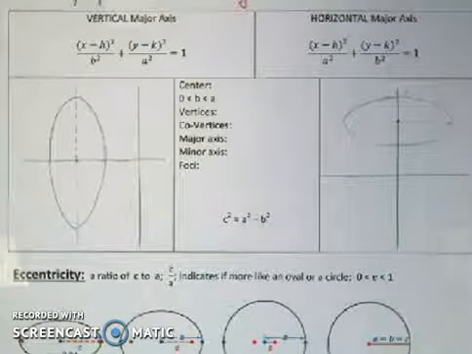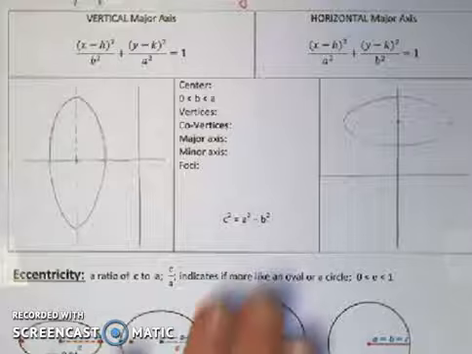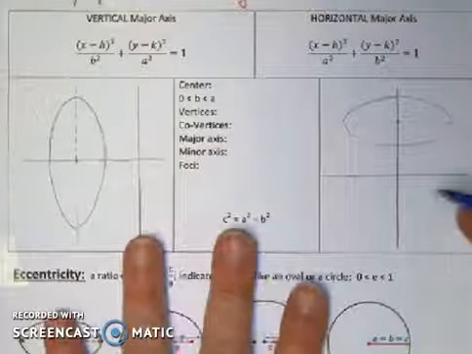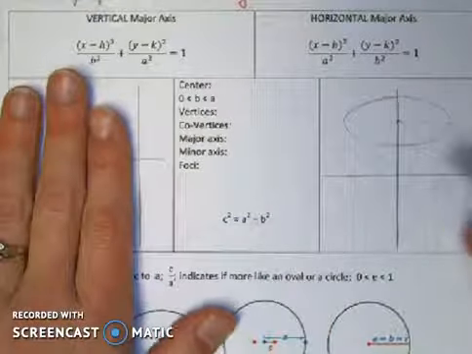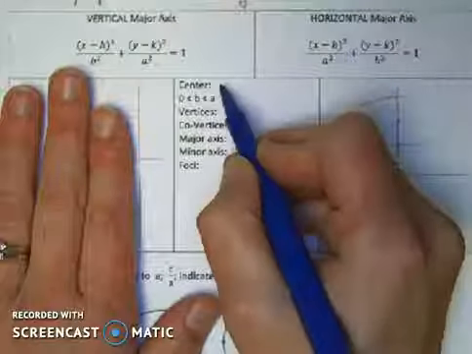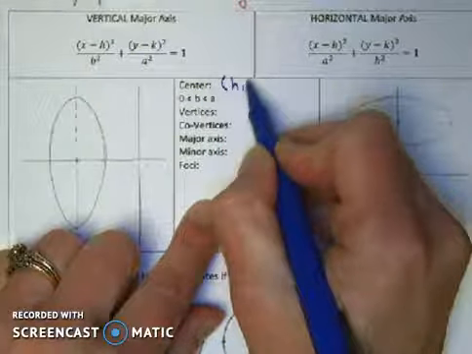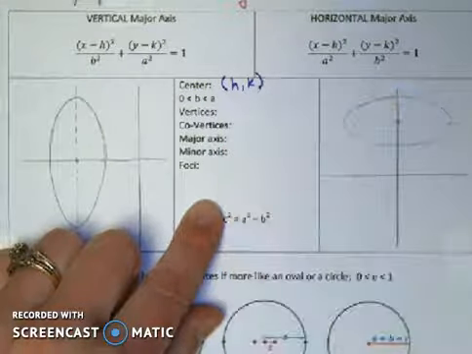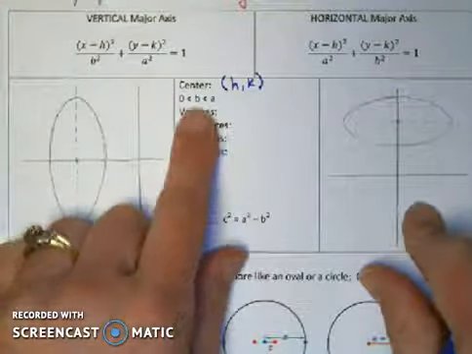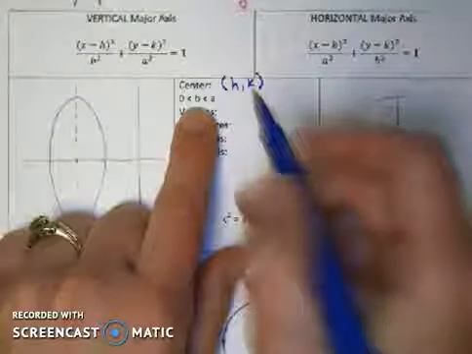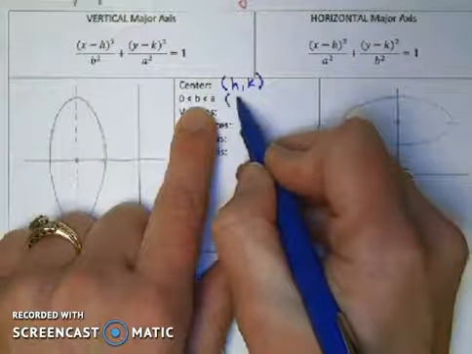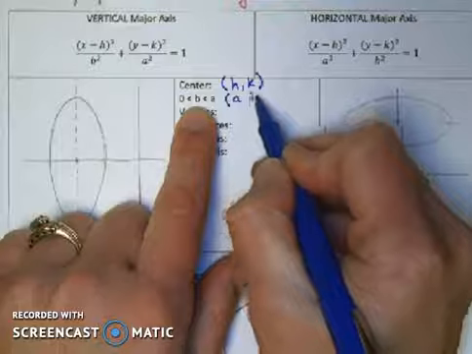Let's first go to the picture and try to identify some of them. Let's do the horizontal first. So here, my horizontal, the center, and that's the same for both of them, is always going to be at h and k. Now if you'll notice, a is always the largest. Okay? a is the largest. a is largest.